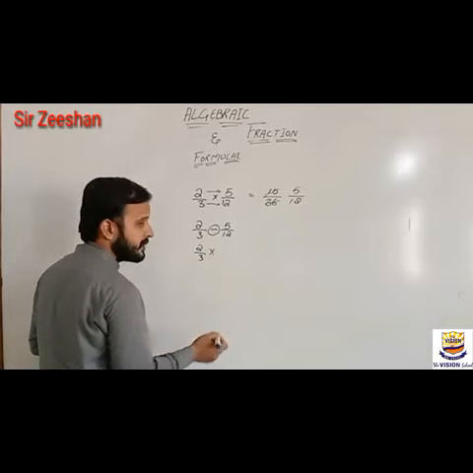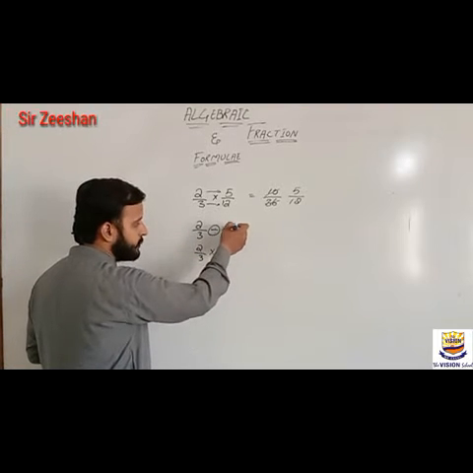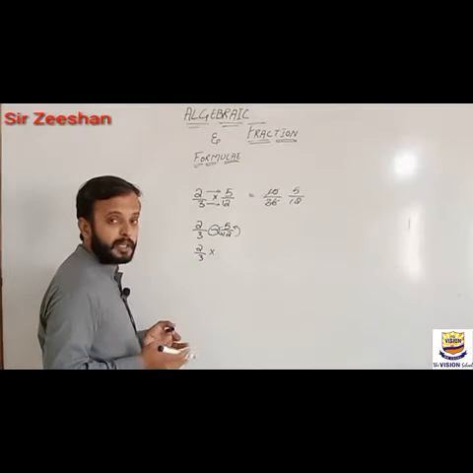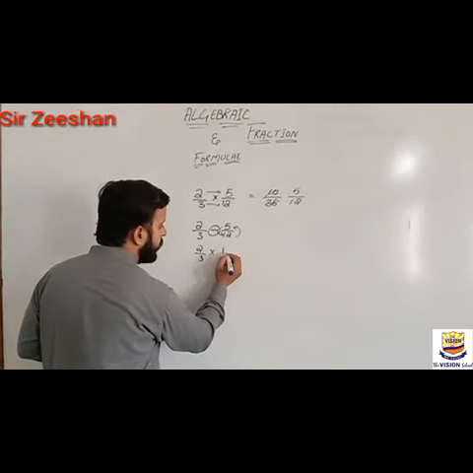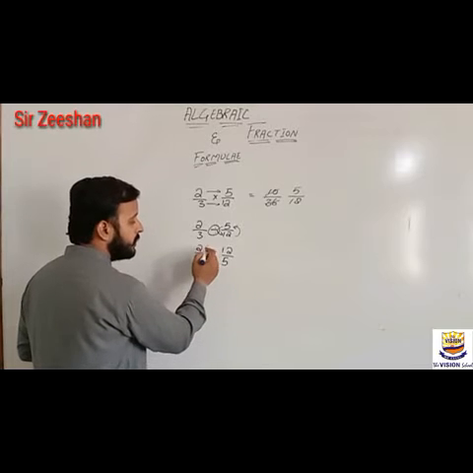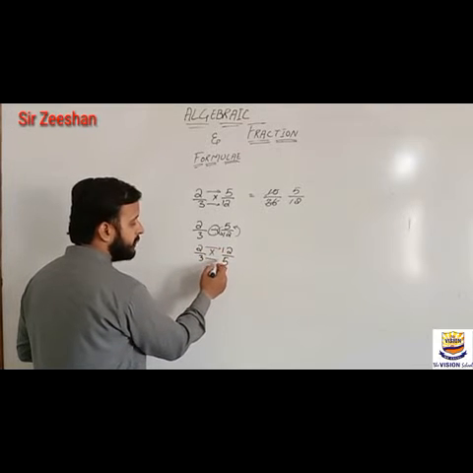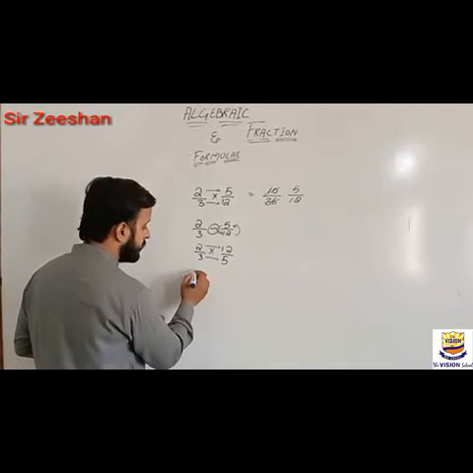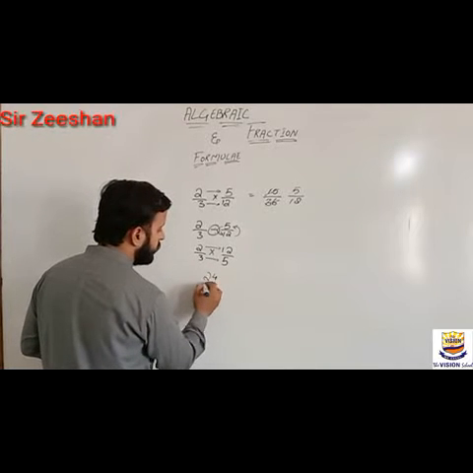The first will stay the same, the second one will change its position. Denominator will become numerator and numerator will become denominator. So this will be 12 upon 5. And after that, the same rule: numerator will multiply numerator and denominator will multiply denominator. So this will be 24 upon 15.